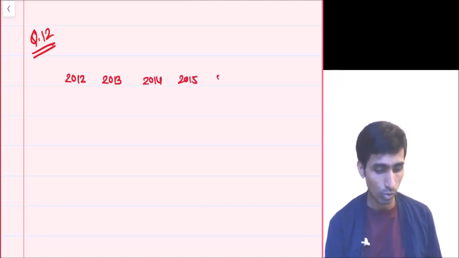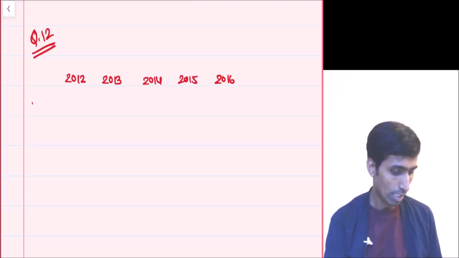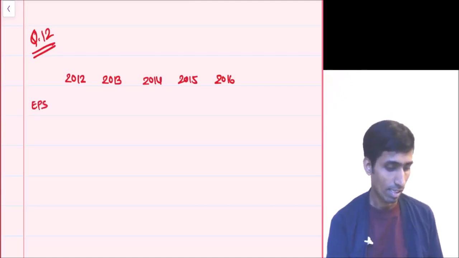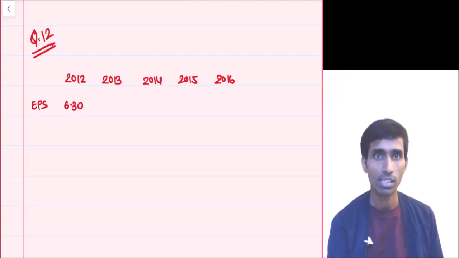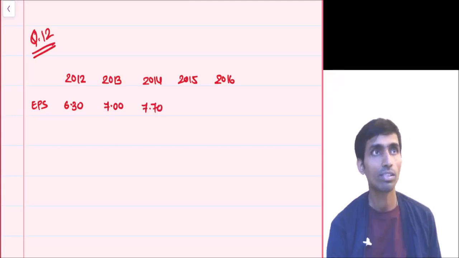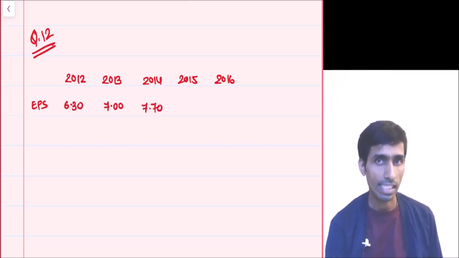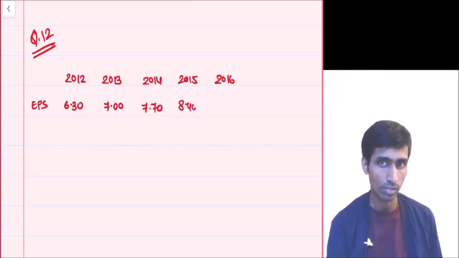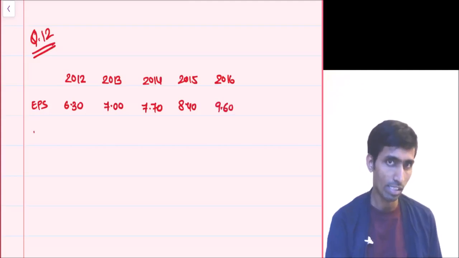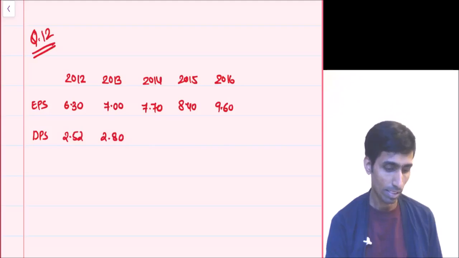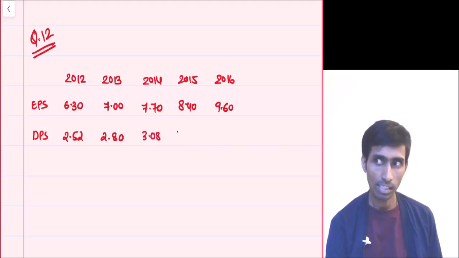They have given us the data till 2016. So EPS is 6.30, 7.70, then 8.40, then 9.60, this is given, and you have DPS, that is 2.52, 2.80, 3.08, 3.36 and 3.84.